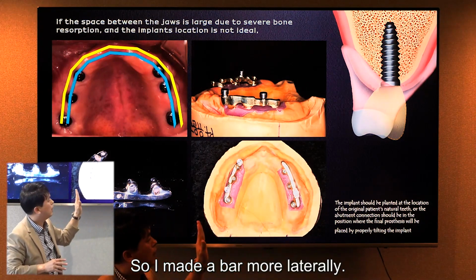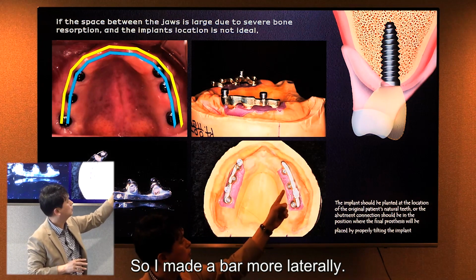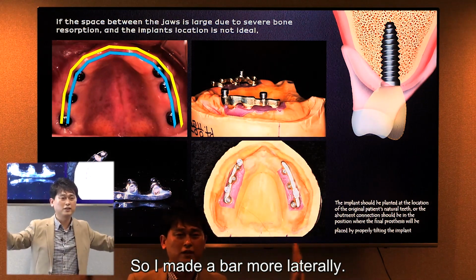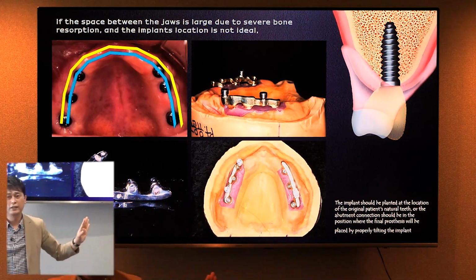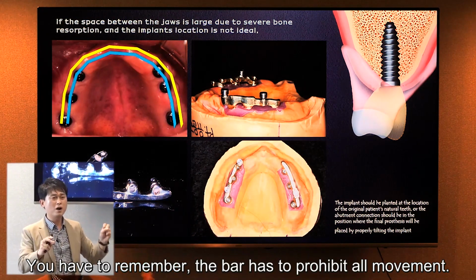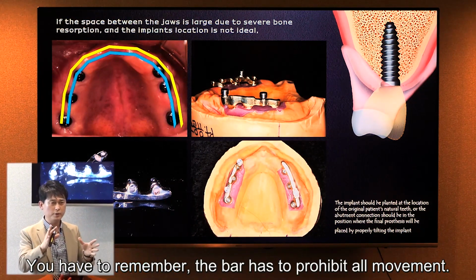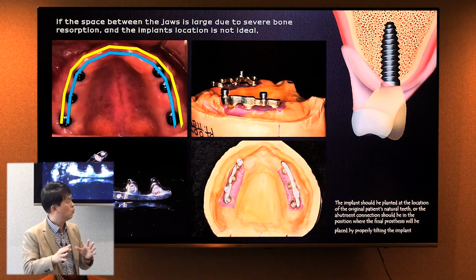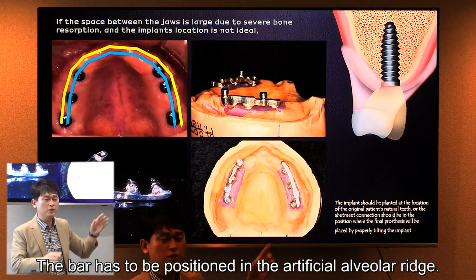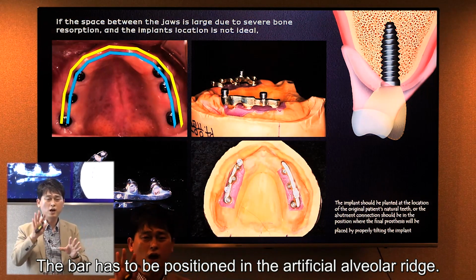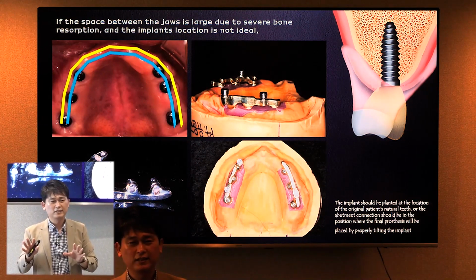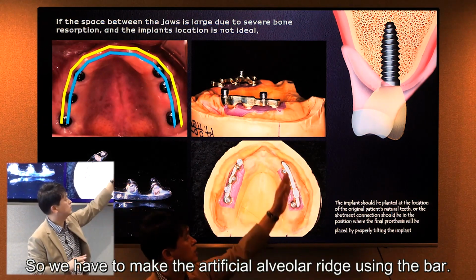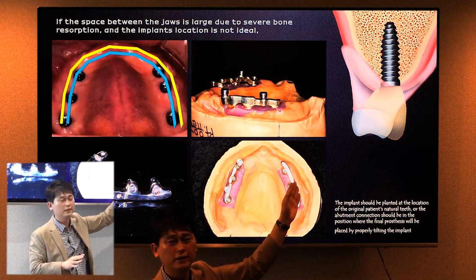So I made a bar more laterally. So you have to remember, the bar has to prohibit every movement, a rigid type of prosthesis. So the bar has to be positioned at the artificial alveolar ridge. So we have to make the artificial alveolar ridge using the bar.